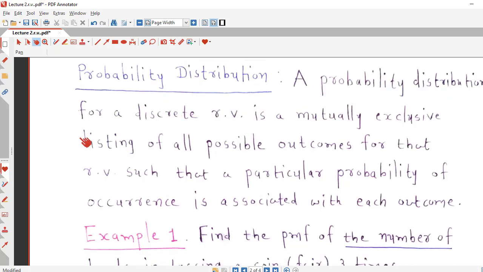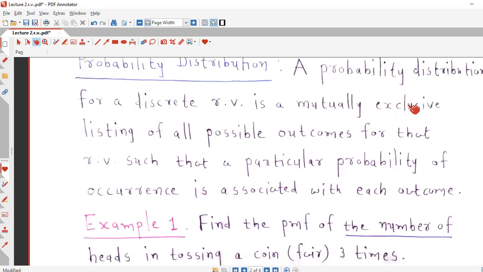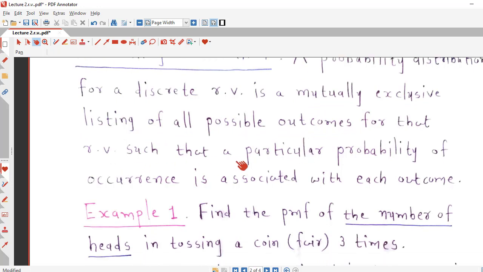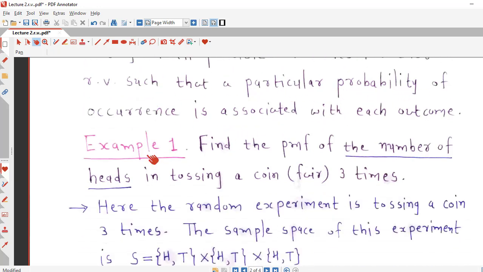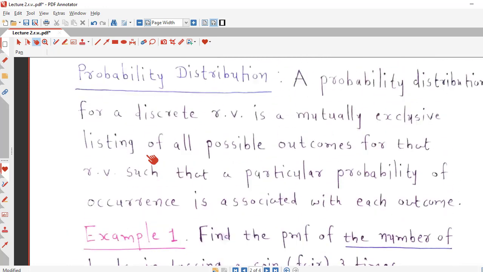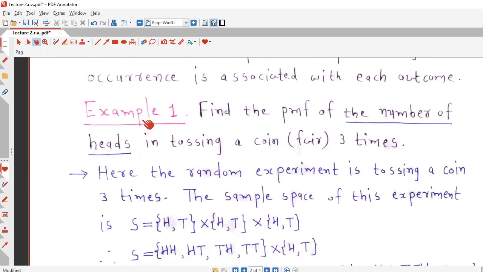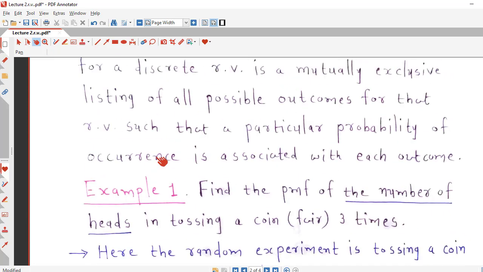So a probability distribution for a discrete random variable is a mutually exclusive listing of all possible outcomes for that random variable such that a particular probability of occurrence is associated with each outcome. So instead of going for this formal definition, we can just understand that probability distribution is the distribution of probabilities for each value of the random variable.